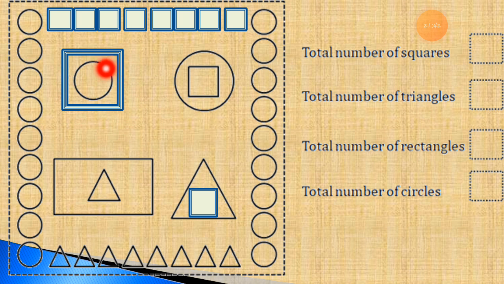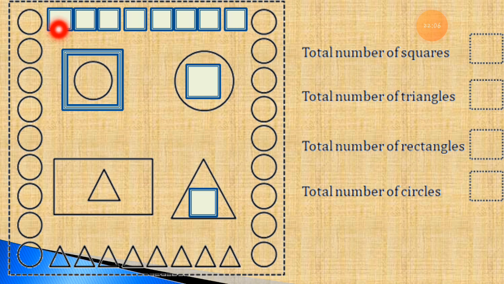I just made it blue in color. This is also a square shape. Now is any square shape left? You have to find out in the worksheet whether any square shape is left. Okay, see this, there is one more square shape I found in the worksheet. So total how many square shapes are there?